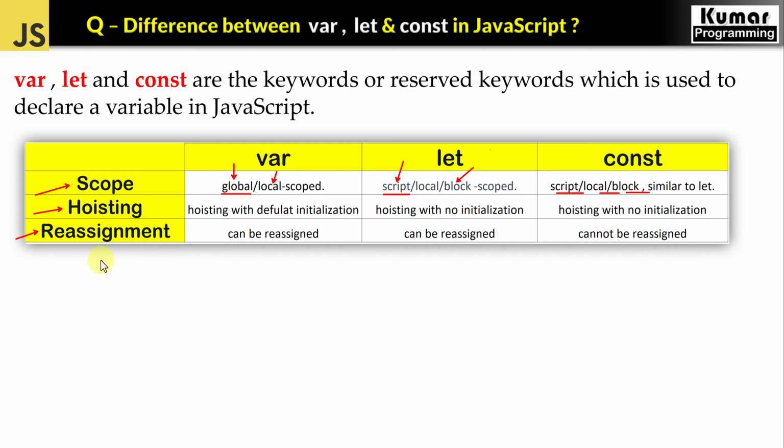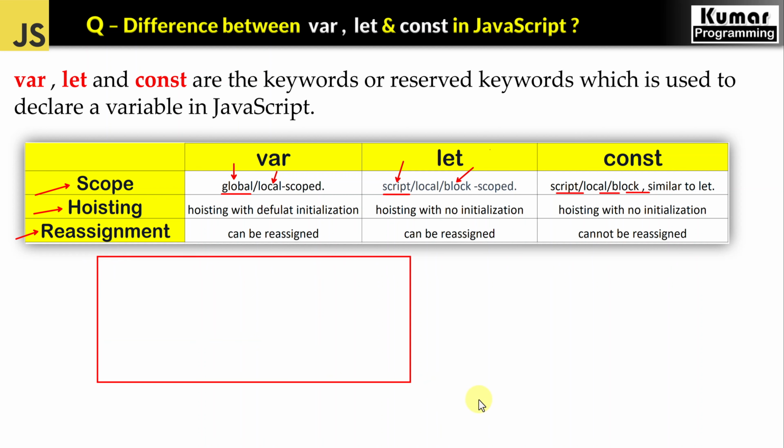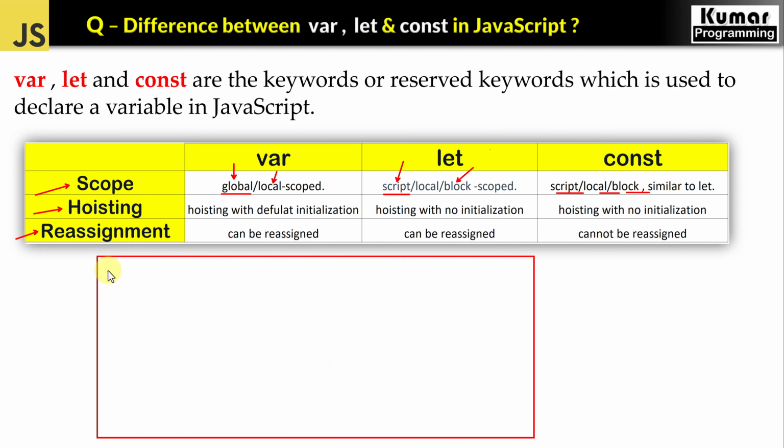Now first of all, let's understand about the scope. So suppose that here I have a big application, and inside this application, if I declare a var type of variable x, then that variable is going to be accessible throughout the application, and that variable will be accessible by using our window, and that will be known as a global variable.